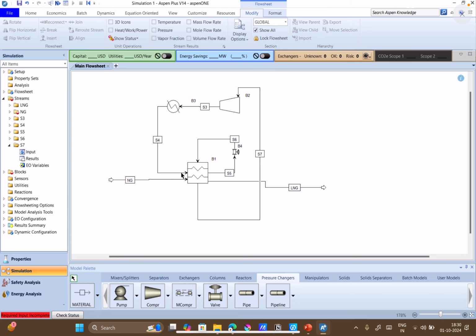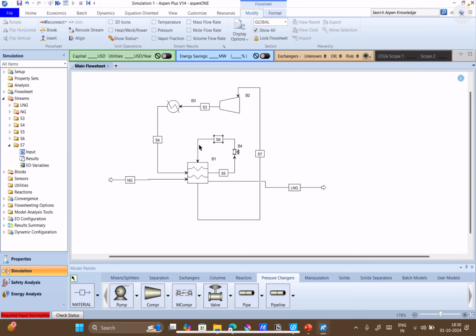This is going on the hot side. Okay, from there its temperature is further reduced. So this high pressure low temperature stream then goes to the valves where it is expanded, and because of the expansion and Joule-Thomson effect, the temperature of your stream will go further down. So that subcooled stream will be used as a cold stream in our multi-stream heat exchanger, which will exchange heat from both the natural gas stream as well as our high pressure cooled stream.